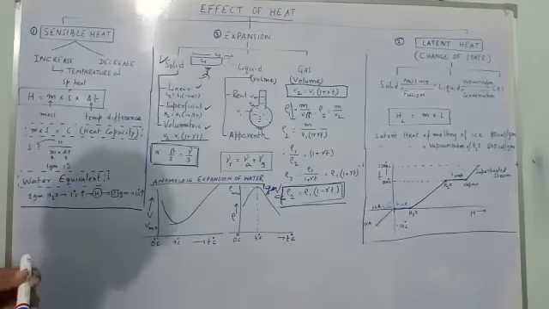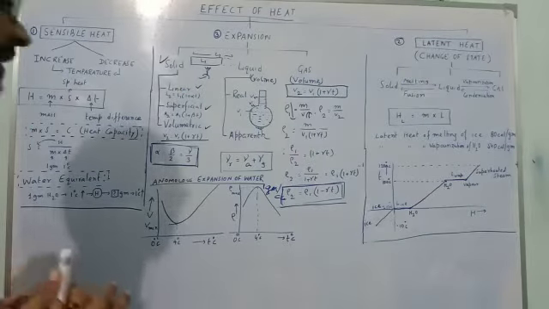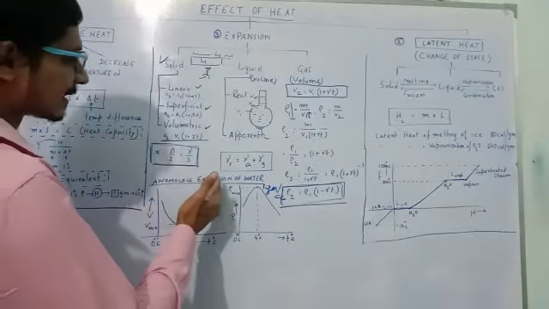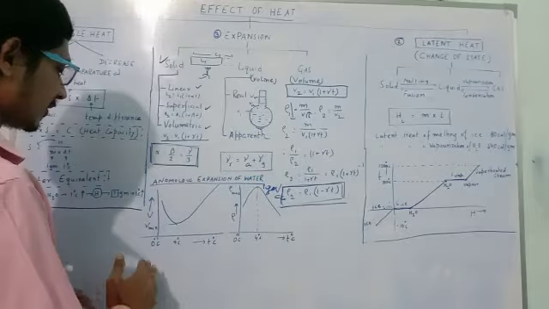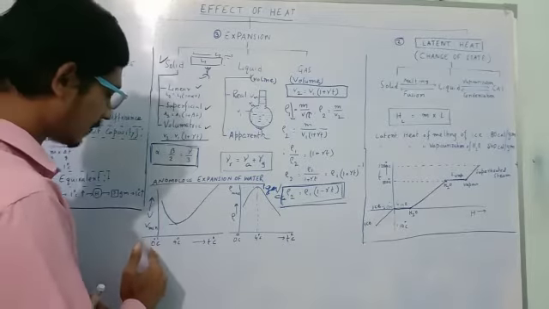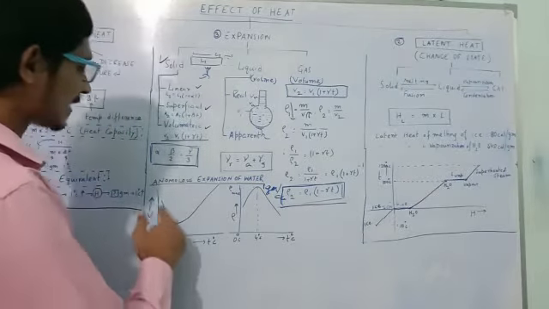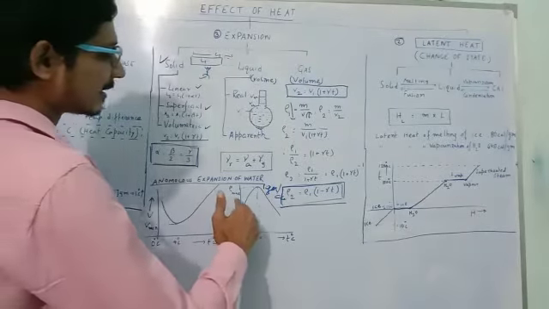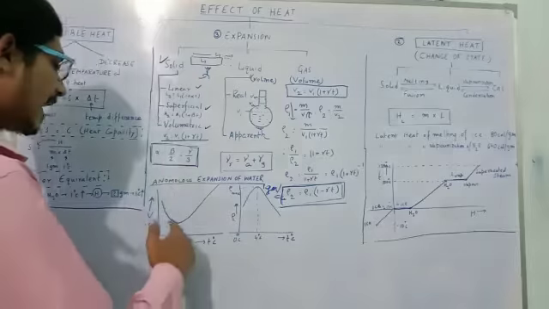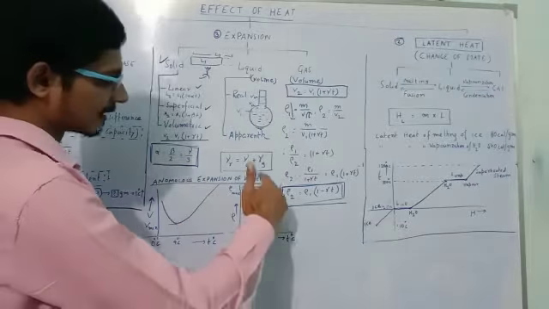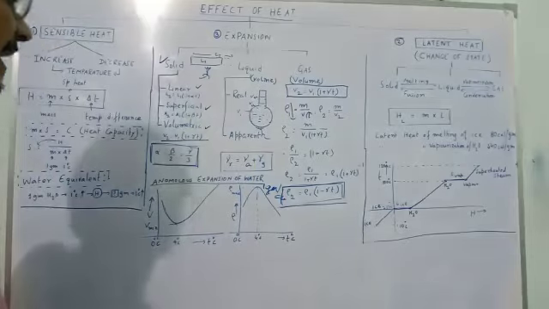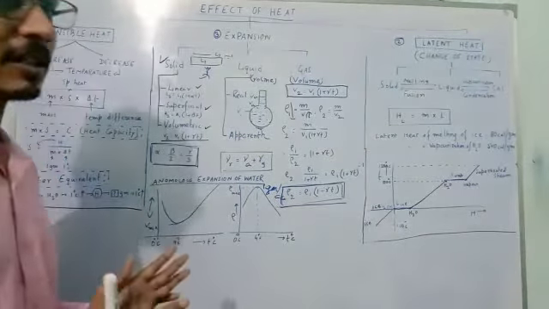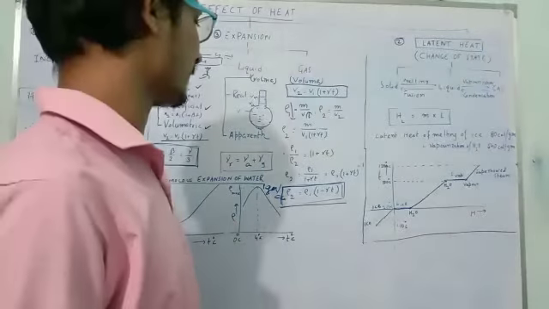This kind of exceptional expansion of water is called anomalous expansion of water. If you raise the temperature from 0 to 4 degrees Celsius, the volume of water will decrease, so the density of water will increase, and after that the volume increases, so the density falls. This exceptional case is termed anomalous expansion of water.